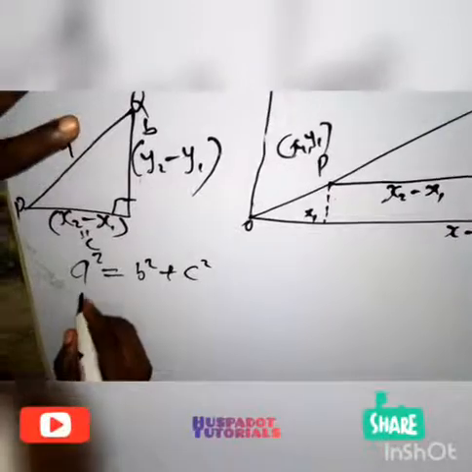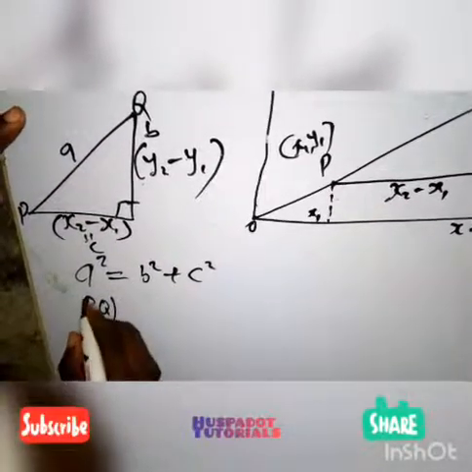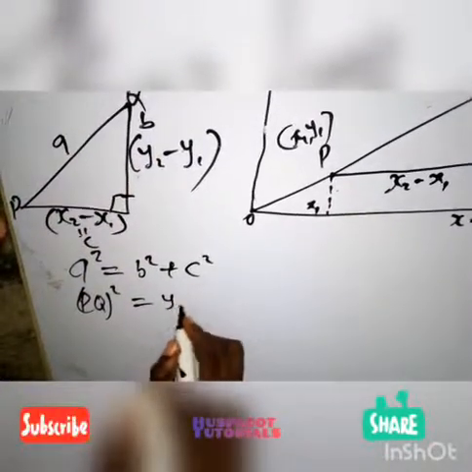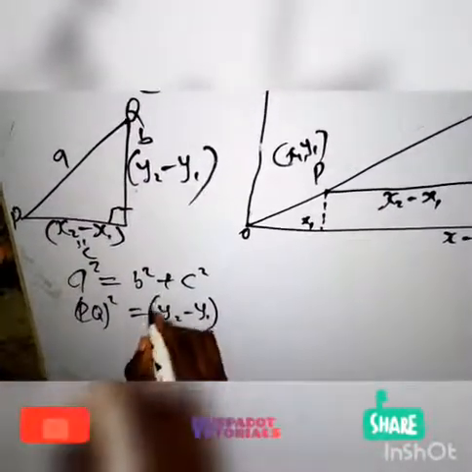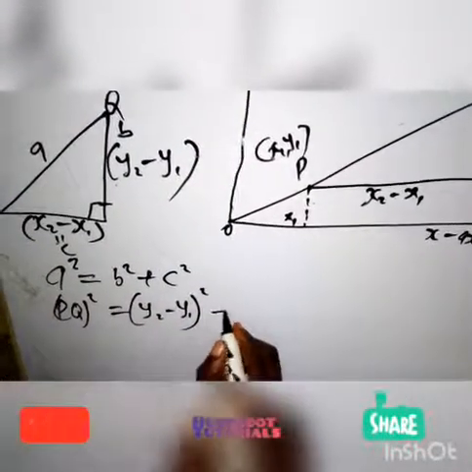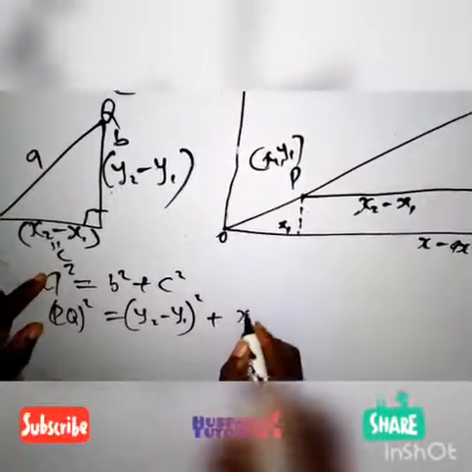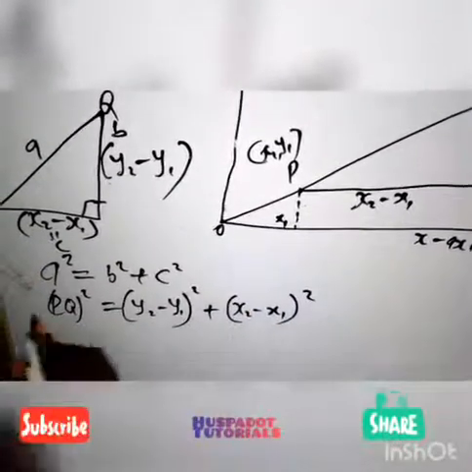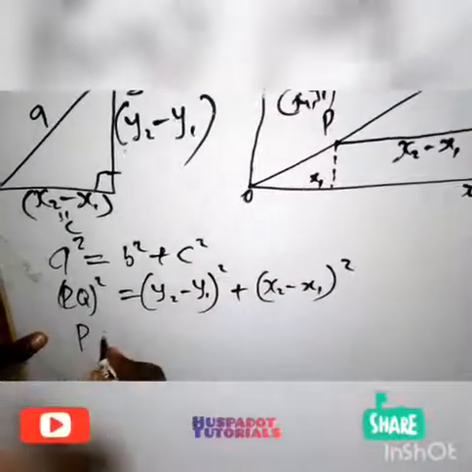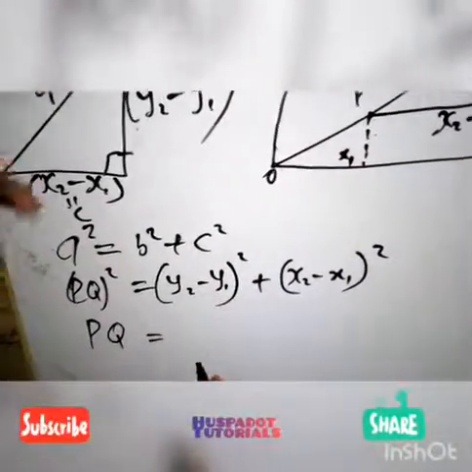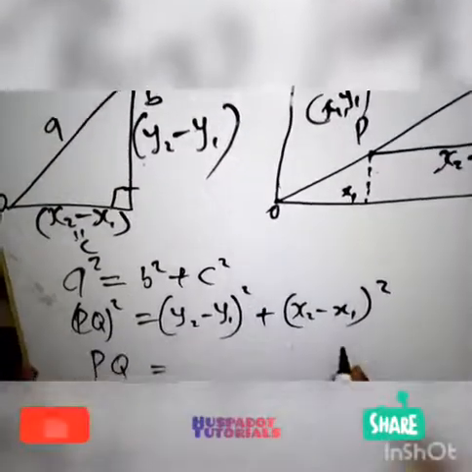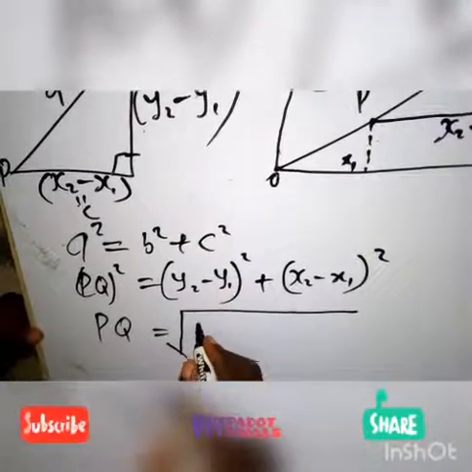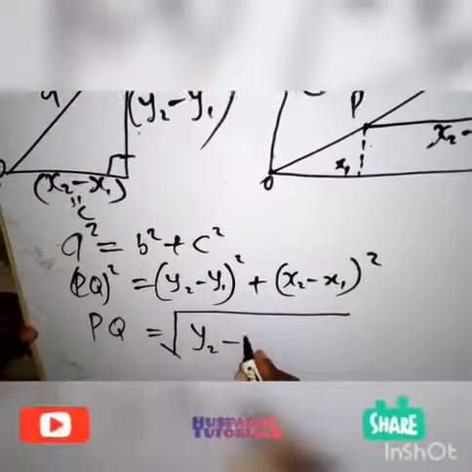So our A now is PQ all squared is the same thing as our B, y2 minus y1 all squared, plus the C, x2 minus x1 all squared. Then our PQ now, the distance between P and Q, is the same thing as the square root of the sum of the squares.